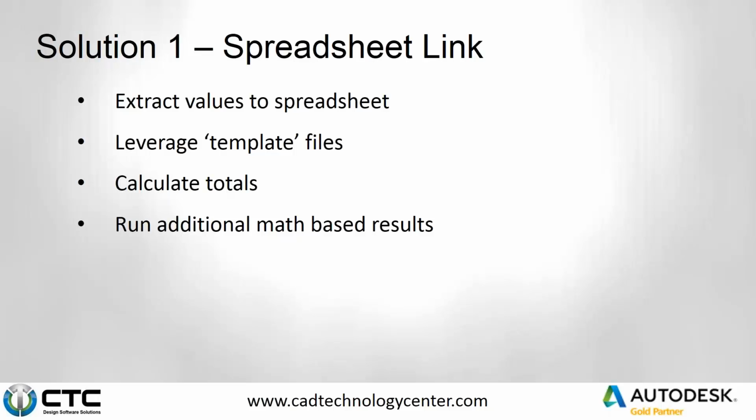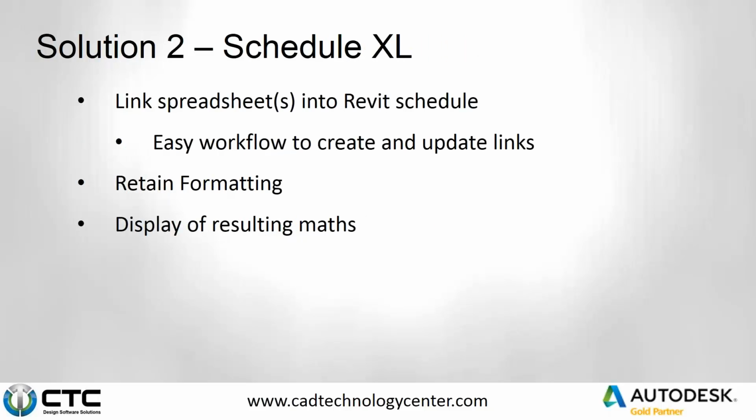Solution number two is Schedule Excel. This one is going to let me take a spreadsheet that I've created in Excel and link that into a Revit schedule using a very easy workflow to create and update these links in the future. It allows me to retain the formatting of Excel, and then it also lets me display the result of whatever the maths were that I ran in Excel in the first place.